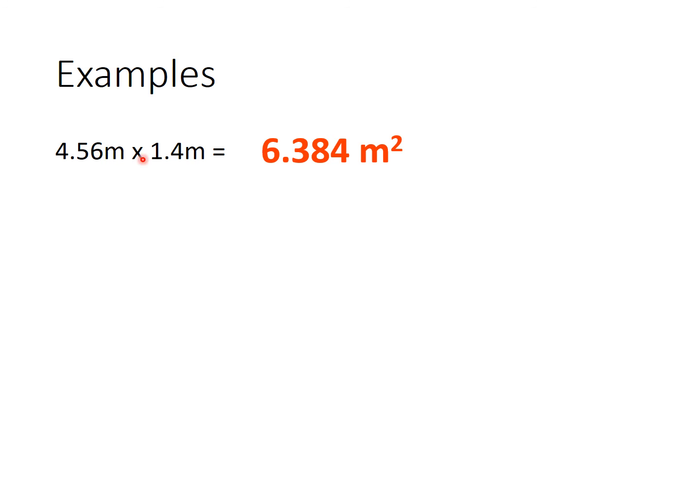Well, we didn't have any measurement that even went that far. The second number that we multiplied by only has 2 significant figures, and that's the weakest link. That means we're going to have to round our answer to the first 2 significant figures. Now the third is an 8, which is more than 5, so we're going to round this up to 6.4 meters squared, or square meters.